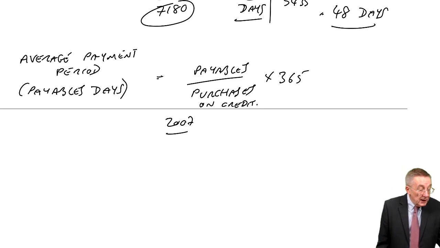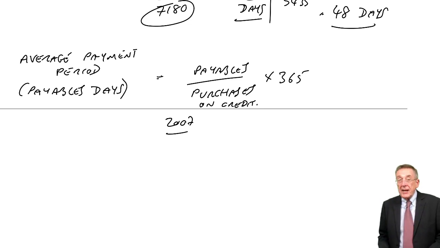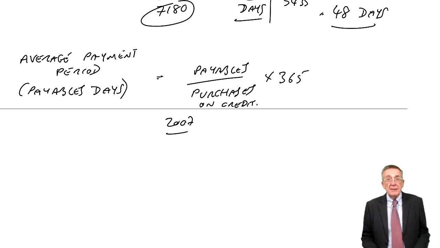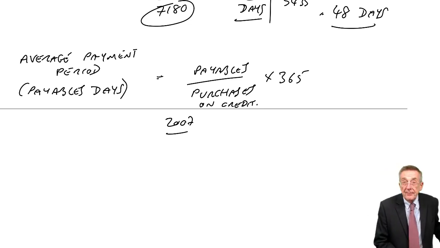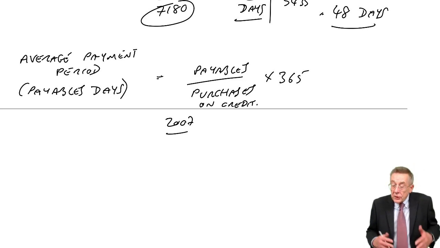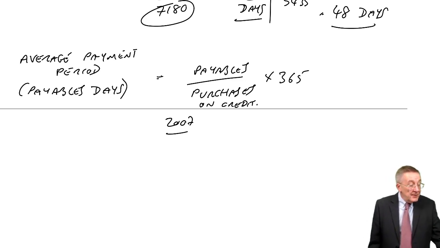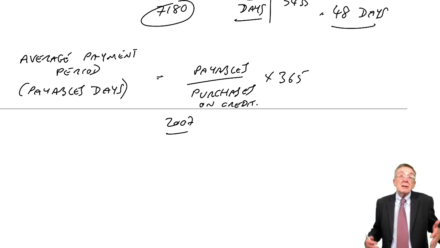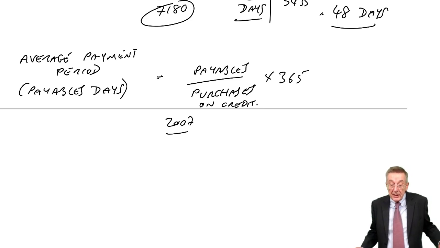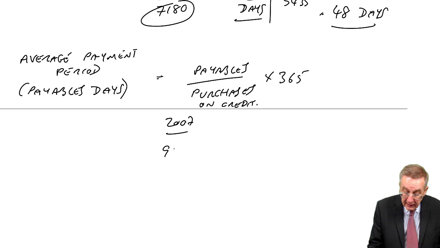You see, all we're told here is cost of sales. Well, first of all, that's not the same as purchases. There can be other costs involved, and it's not necessarily all on credit. If you're told purchases on credit, use it. More likely, all you'll know is cost of sales. I'm afraid you're going to have no choice. Certainly the payables at the end of the year are 965.